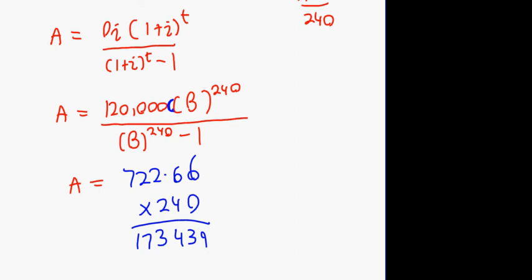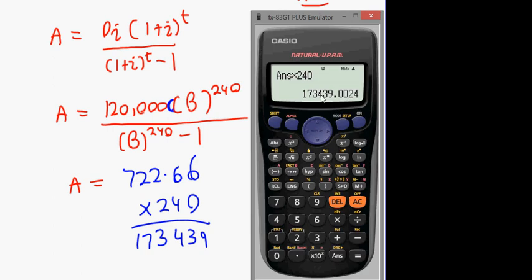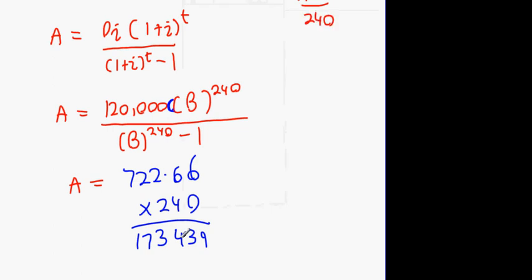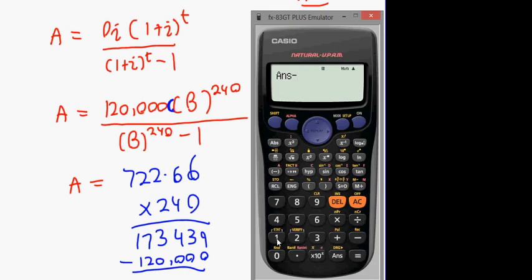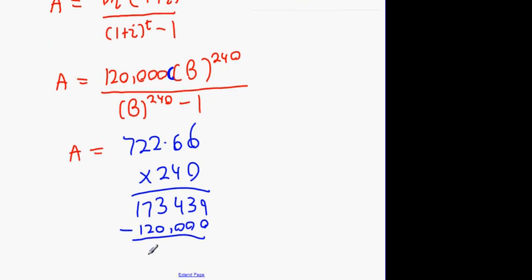Might be slightly bigger than that. Now we had a 120 grand loan. So take away 120,000. And what we get is 53,439.